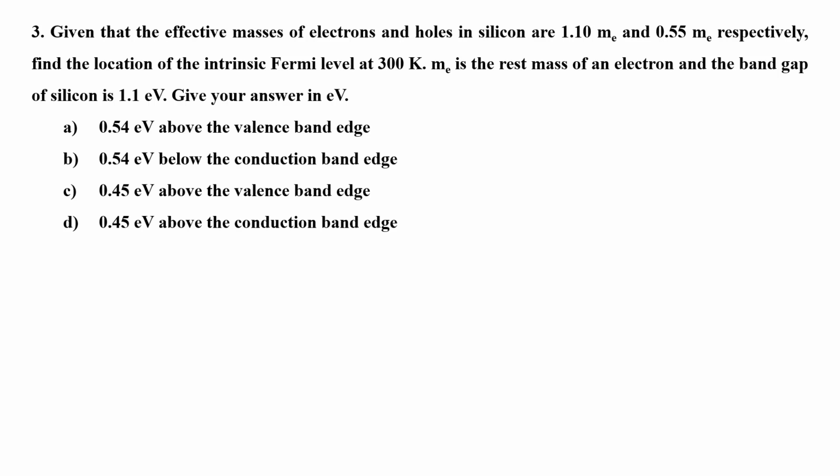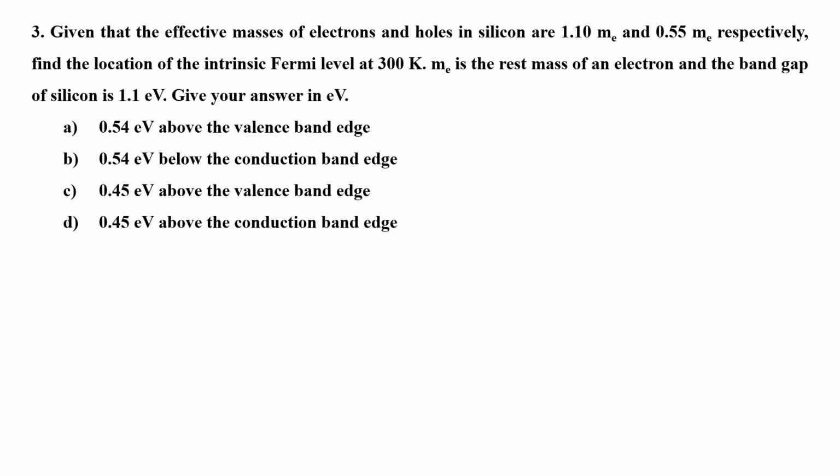You have to find out where this particular Fermi level lies between the conduction band and valence band. Suppose you get something like EC minus EFi or EF minus EV equal to so and so value. If EC minus EF is so and so, it means EC is higher.